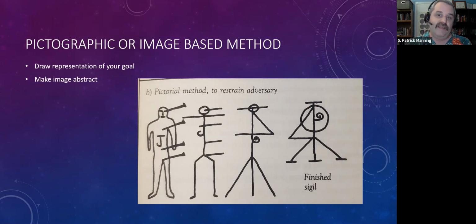But in this example, he's trying to restrain an adversary, so he's got an image of a person with an initial that represents that person's name, and then it's being restrained: mind, heart. I guess he's going for different chakras there, and then he has distorted that into a sigil that he can then use to enchant or activate, and then that would hopefully have its intended effect upon the target.